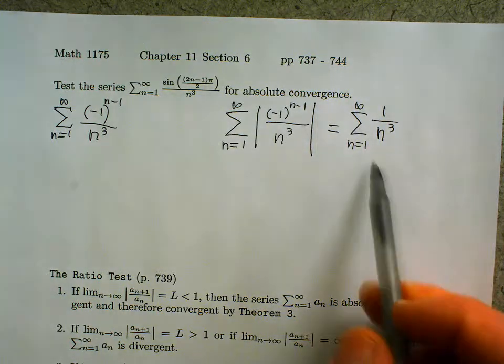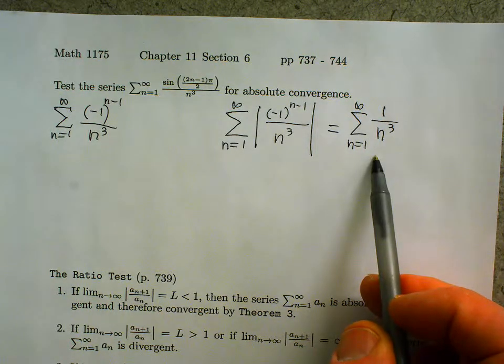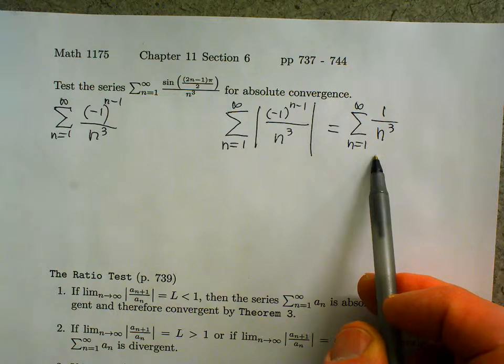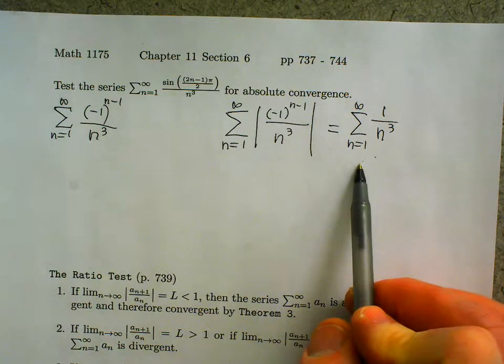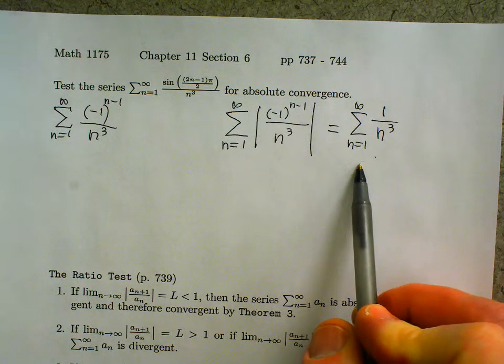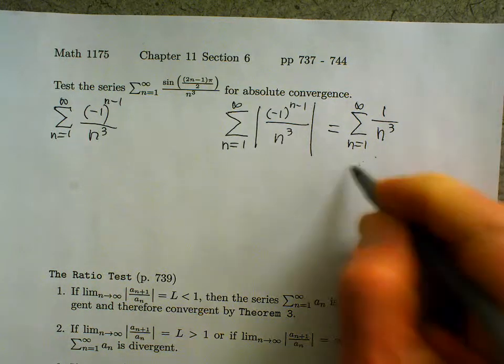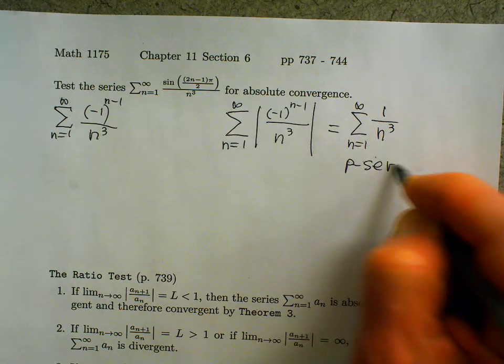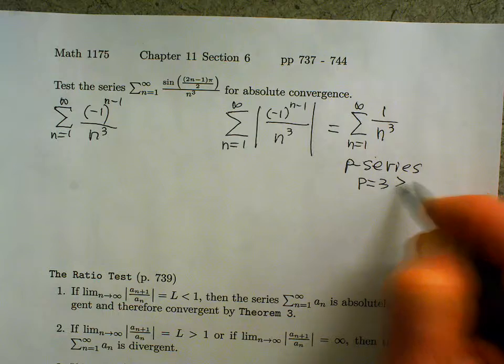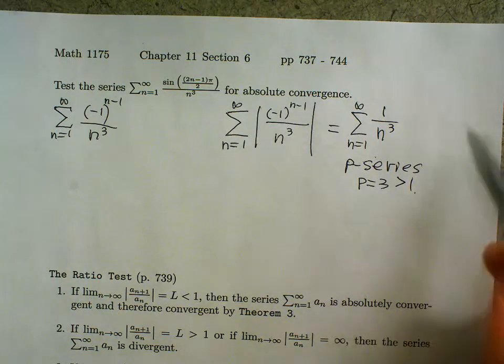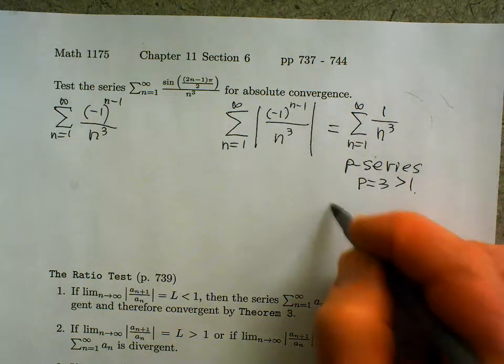What do we know about this series where the terms are 1 over n to the third as n goes from 1 to infinity? What kind of series is it? Yeah, it's a p-series. The value of p is equal to 3 and it's greater than 1. So this series converges.